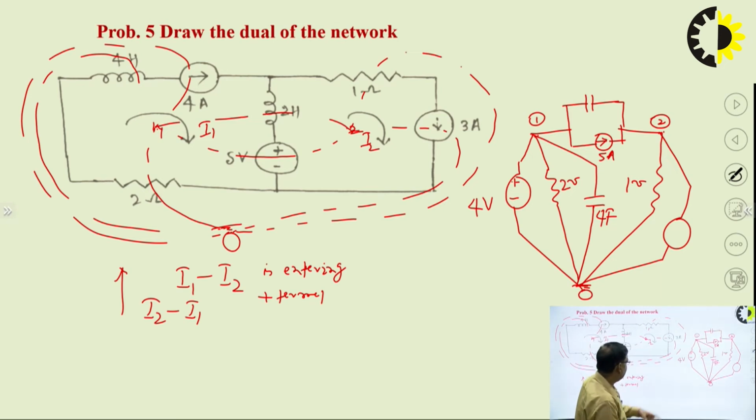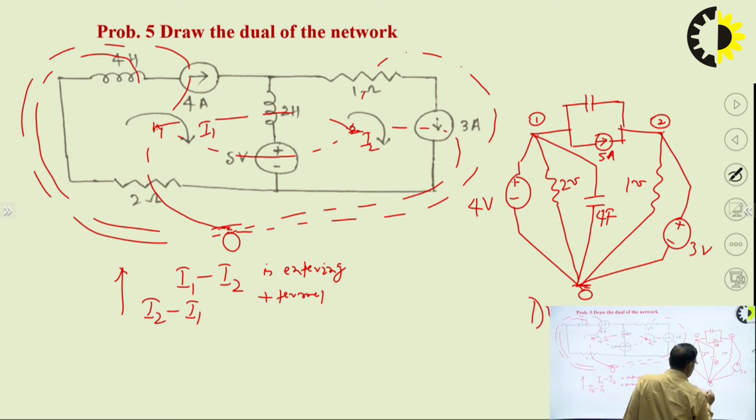The 3 ampere current source, I2 is supporting the direction of the 3 ampere current source. So the 3 volt voltage source will have its positive terminal towards node 2 and the negative towards the reference node. So this way we can draw the dual of the network.